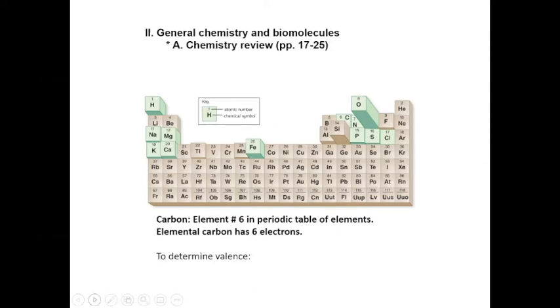You remember that? The electrons are arranged in these energy levels. And the first energy level contains 2 electrons, always 2. One pair.